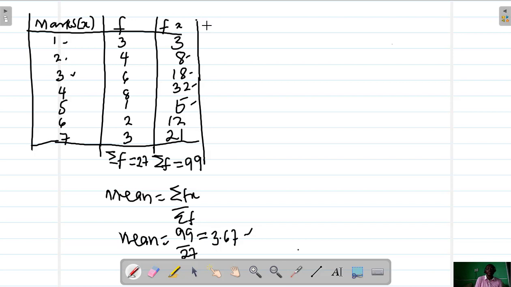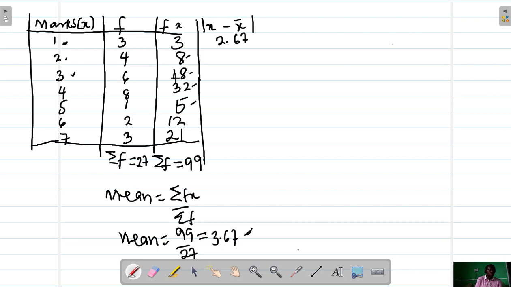So we now put another column. We have to now write our deviation, which is x minus x bar absolute. So the x is 1 minus 3.67. We are going to get minus 2.67, but we need positive, so 2.67.